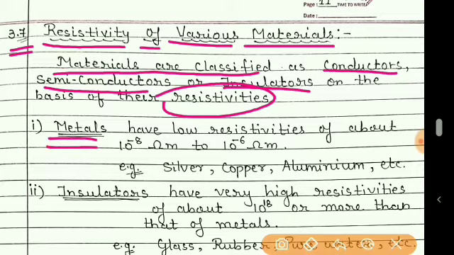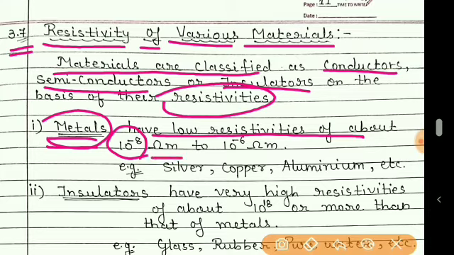Metals, they are generally conductors. So this type of materials, they have very low resistivities of about 10 raised to minus 8 ohm meter to 10 raised to minus 6 ohm meter. Means you can say that here the resistivity is very less because the power is negative.